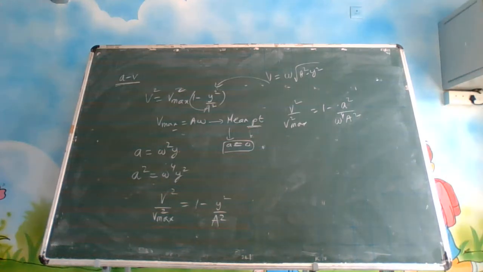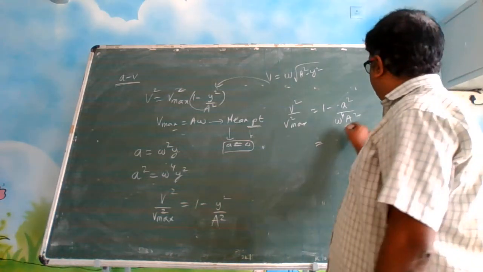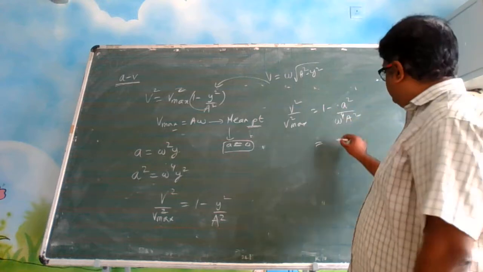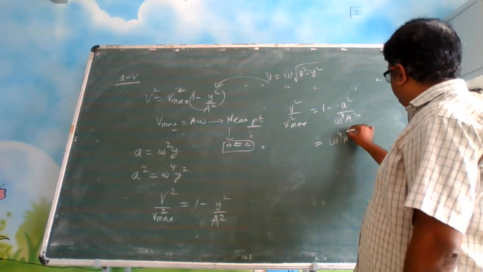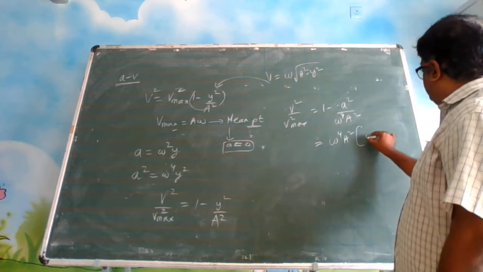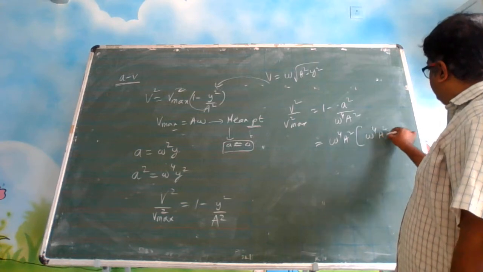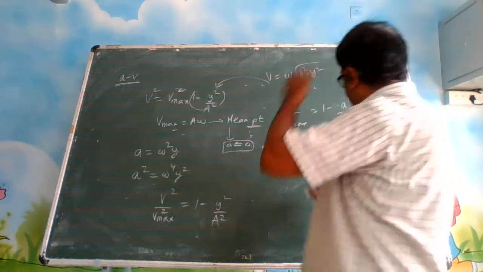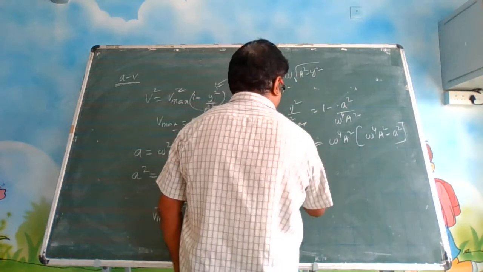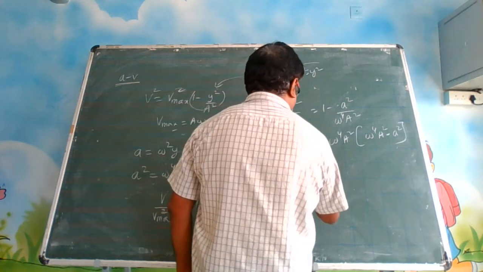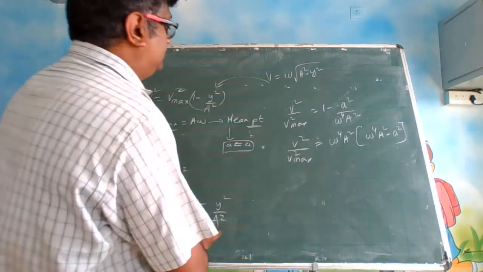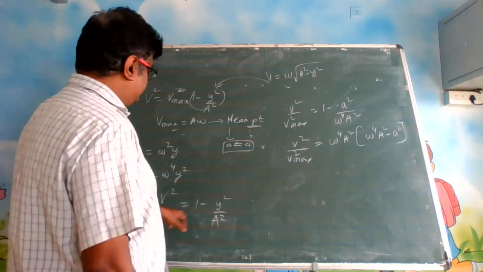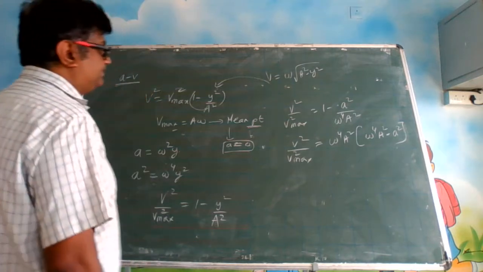Can I write it like this? Okay. So just take omega to the power of 4 A square as LCM. We are getting omega to the power 4 A square minus small a square, and this is v square by v square maximum. Right? v square by v square maximum is equal to 1 minus y square by A square.